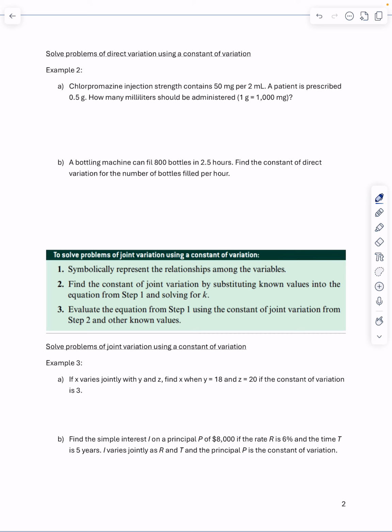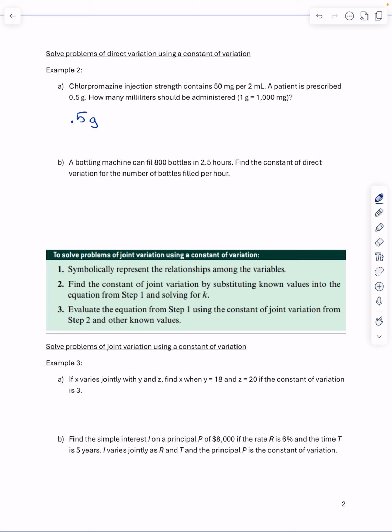A patient is prescribed 0.5 grams. We want to know how many milliliters should be administered. So I got 0.5 grams.